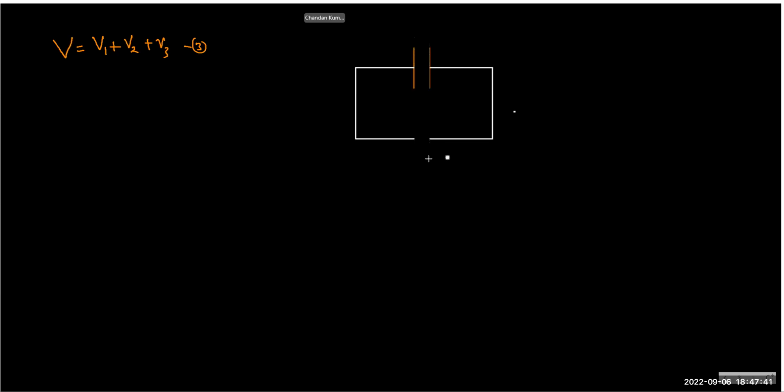The whole purpose of a capacitor is to store charge. There is no other purpose.